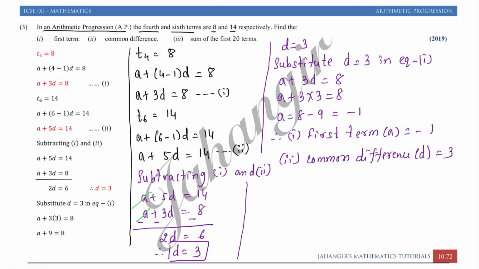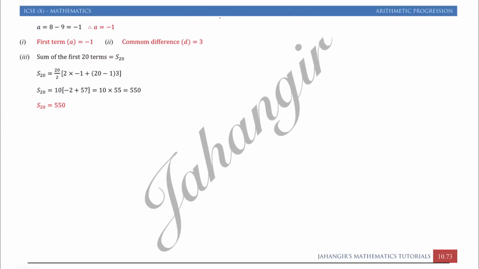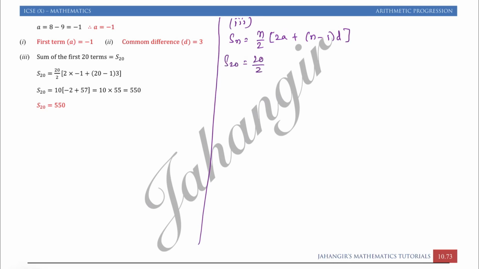So for S20, first we will write the sum formula, the Sn formula. This is my third main question's answer. Sn is n by 2, 2a plus n minus 1 into d. We can write S20 is equal to 20 by 2. My first term was minus 1, plus 20 minus 1 into d is 3.